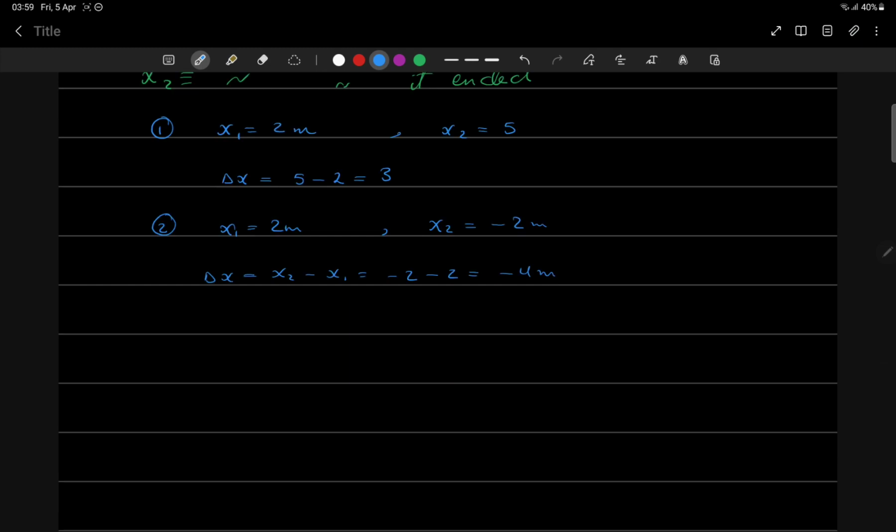And now that makes sense, because when we're talking about distance here, distance is a vector quantity. And a vector quantity has both magnitude and a direction.